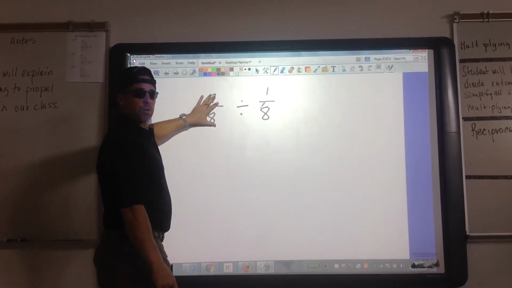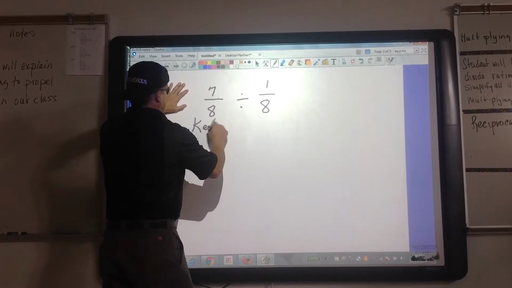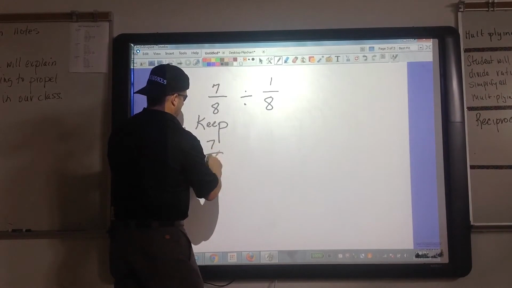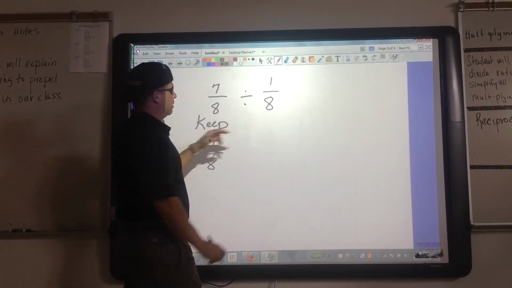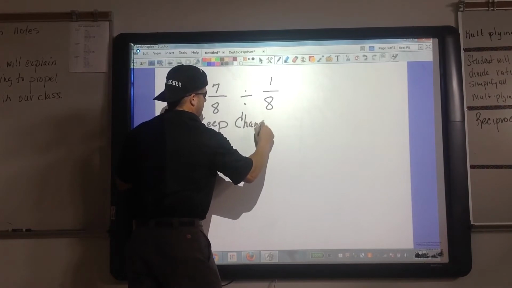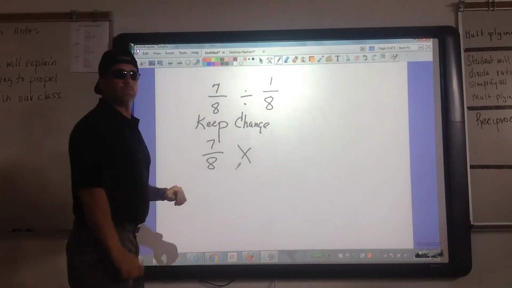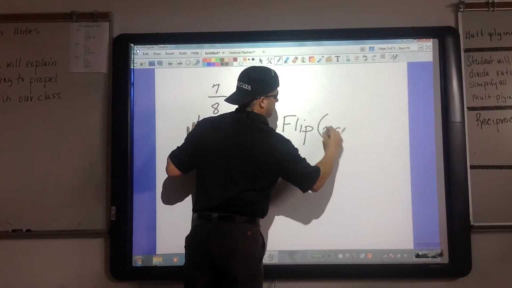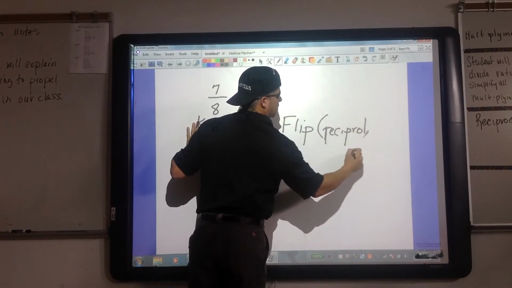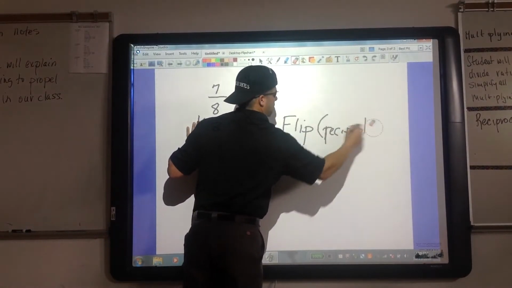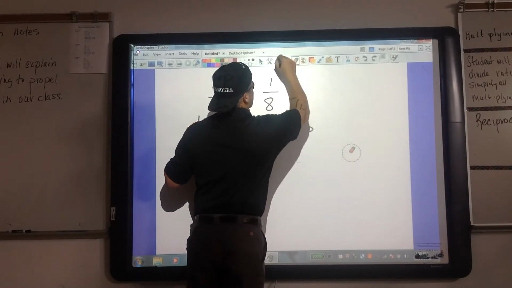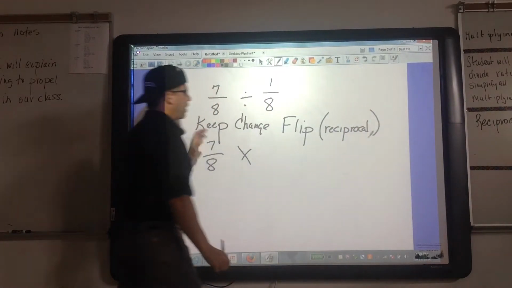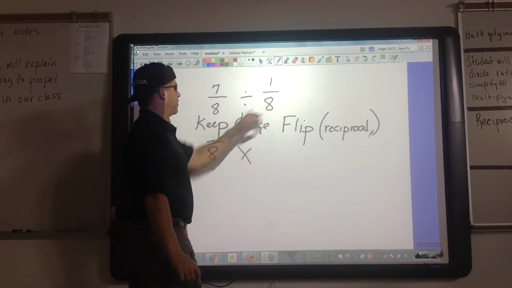You keep the first fraction, you change the division to multiplication, and you multiply by the reciprocal. We call it the flip, the KCF.